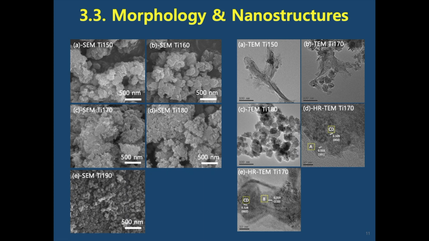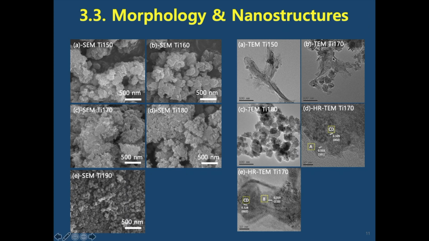At low temperature synthesis, almost identical structures were observed at 150, 160, and 170, and starting from 180, small particulate structure was formed, especially from 190, only particulate structure was observed. By TEM image, we can see clearly that at low temperatures, the pure B phase has a nanosheet structure.